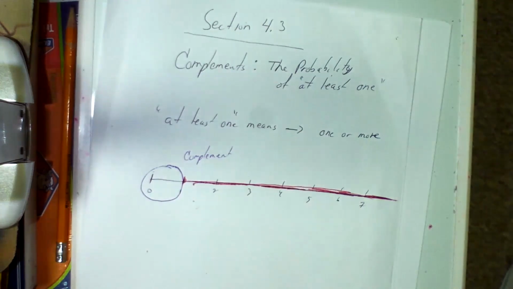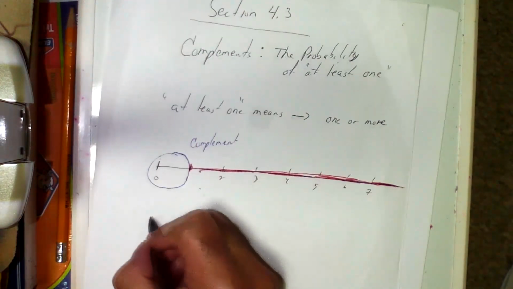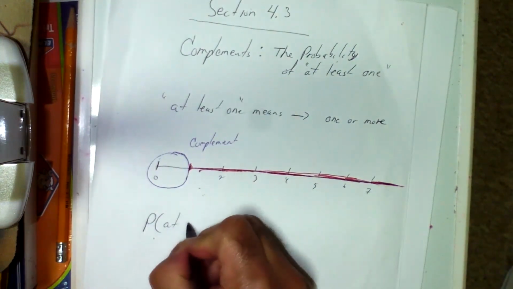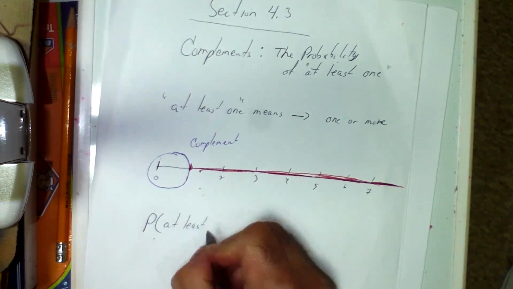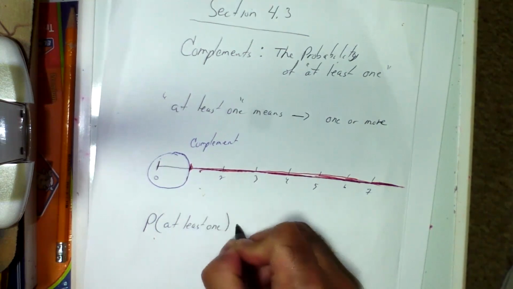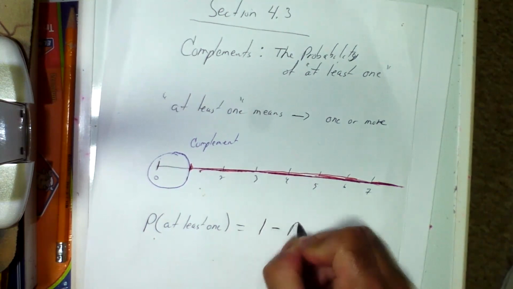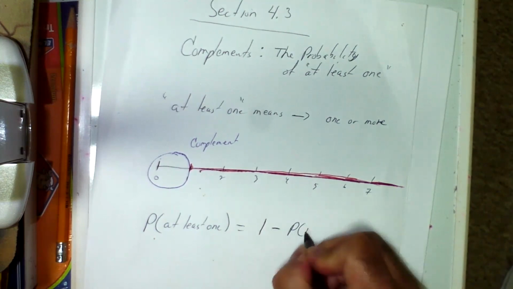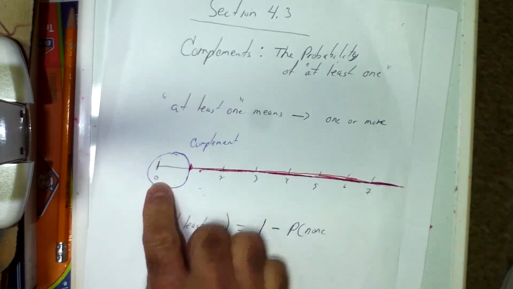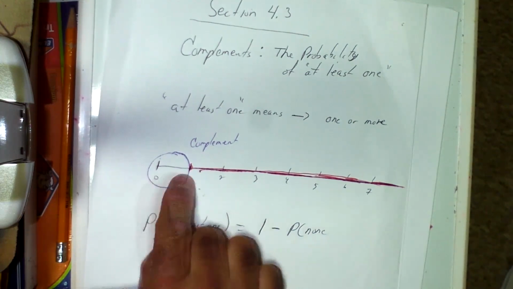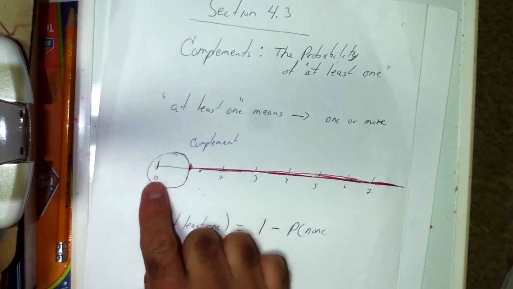So there's a formula for the at least one. Let me write it down. The probability of at least one means 1 minus the probability of none. I did not shade the none part, this part there, the 1. I made the circle too big. I didn't shade that region.